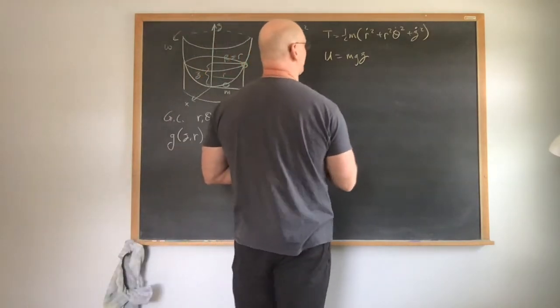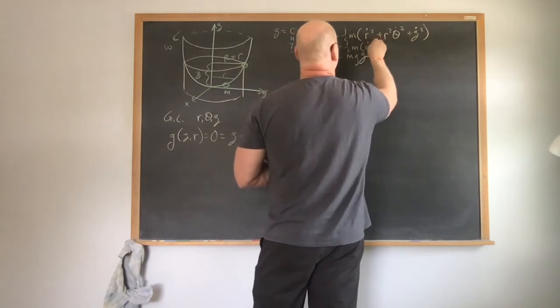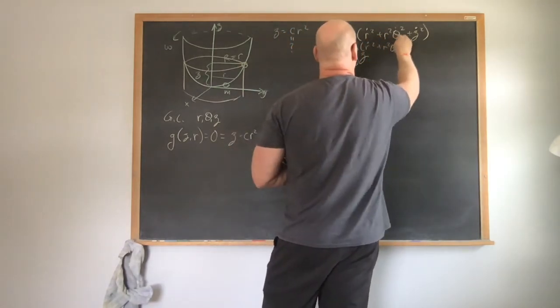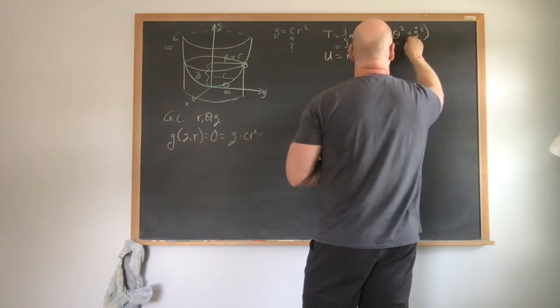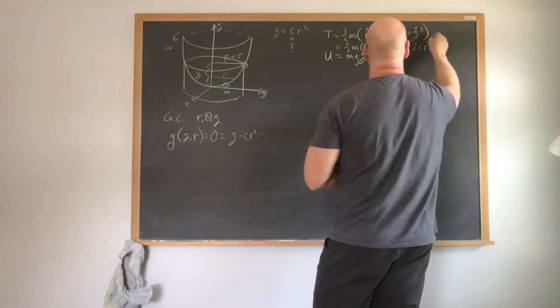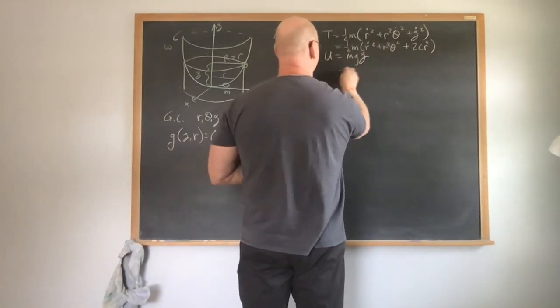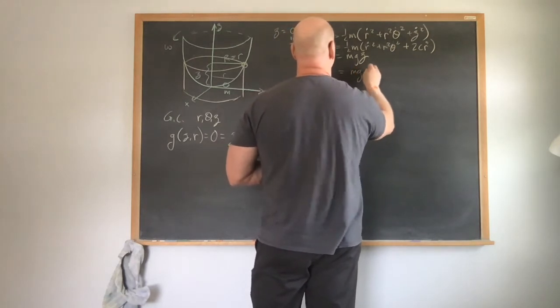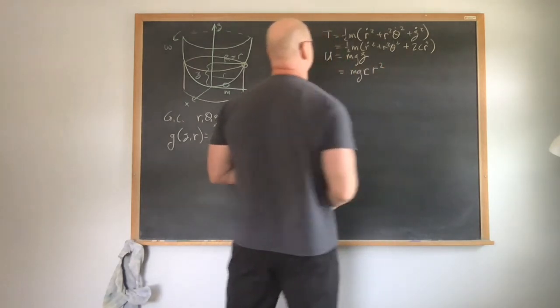So that means this is going to be the same thing then as 1/2 m times r dot squared plus r squared theta dot squared plus, so that guy squared, that's going to give me a 2cr dot. That's going to be that guy. And then this guy is going to be equal to mgc times r squared.